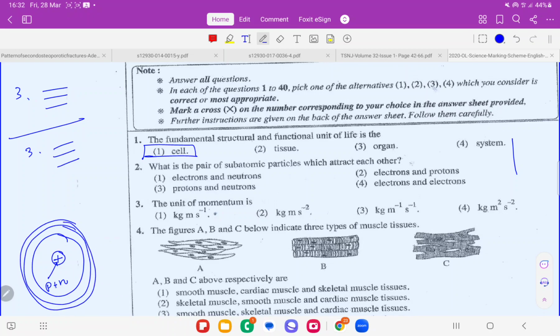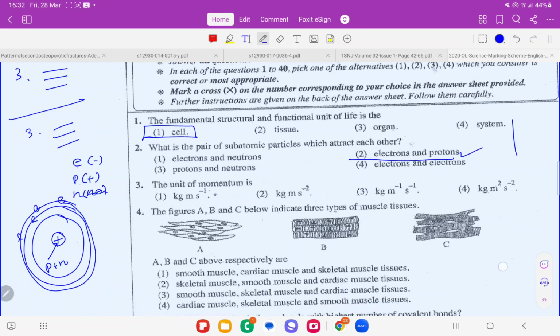I can't draw it perfectly, but just remember electrons are moving in the energy levels. So which subatomic particles attract each other? You know, electrons are negative, protons are positive, neutrons are neutral, no charge. So the answer is protons and electrons.